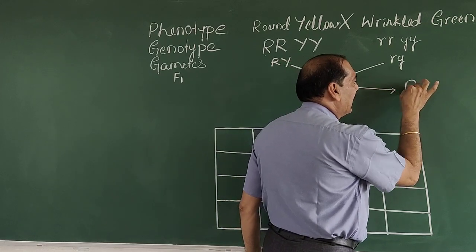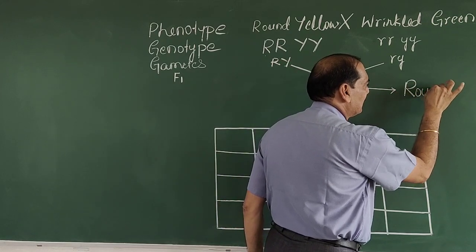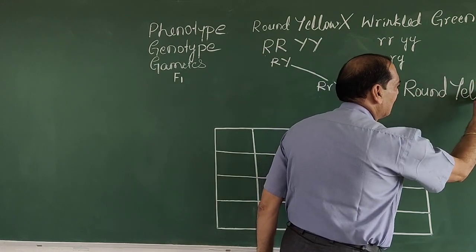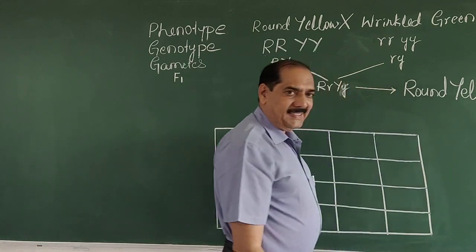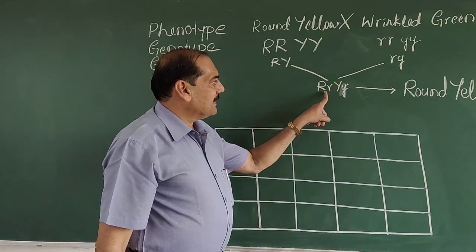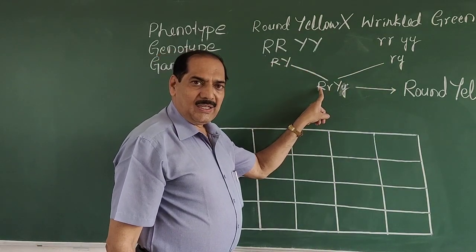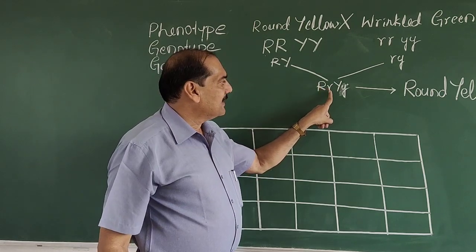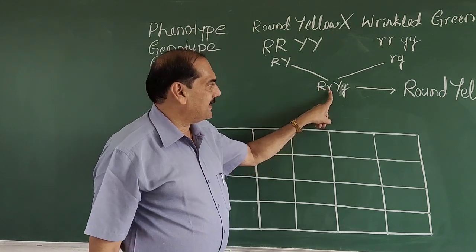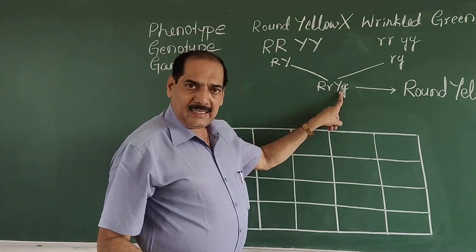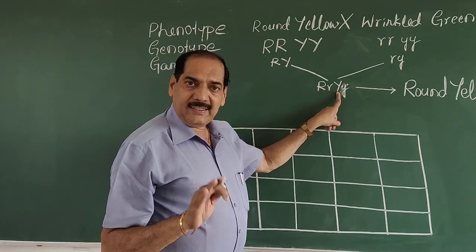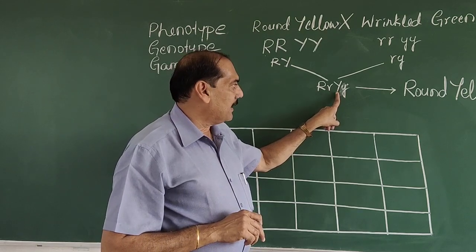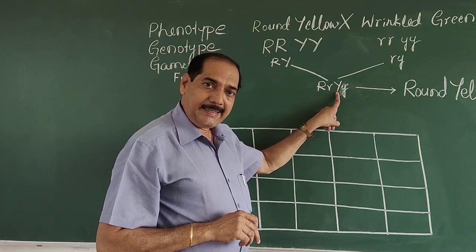All these dihybrids produced in the F1 generation produce round and yellow seeds. Why? Because in the shape of the seed it has one dominant gene that will express, wrinkled will be suppressed. In the color of the seed, it has one dominant gene or factor, that is yellow.